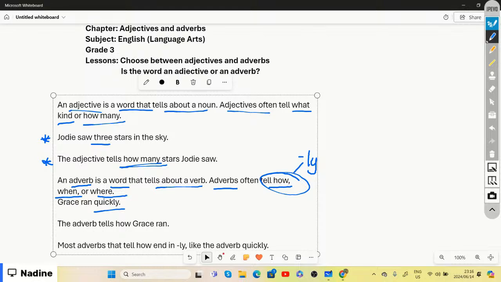All right, so that is basically the difference between an adjective and an adverb.